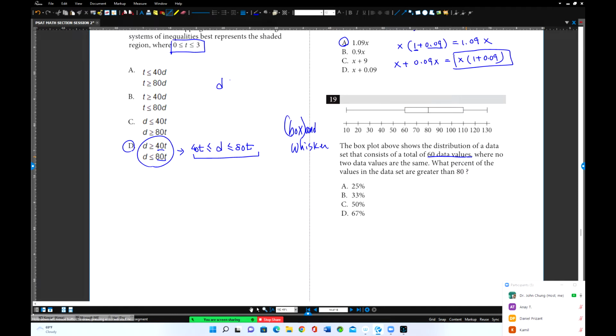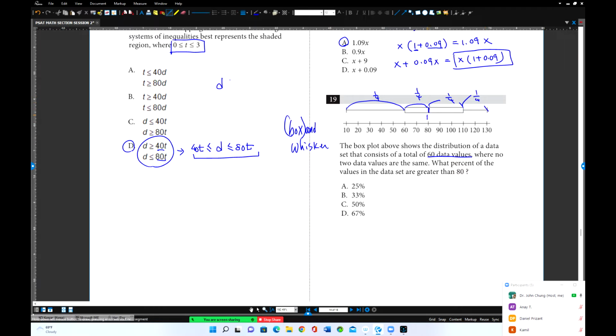Okay, where no two data values are the same, they are all different, distinct numbers. What percent of values in the data set are greater than 80? 80 is over here. But this box plot, what is there? 25% of data over here, another 25% over here, another 25% over here, another 25% over here. That's right. That's our definition.